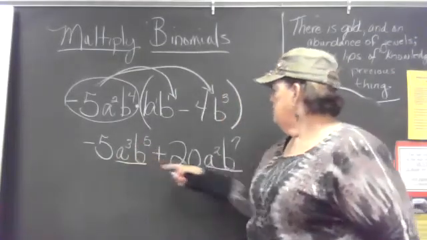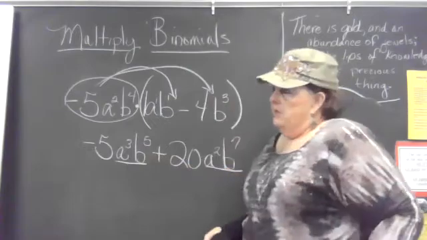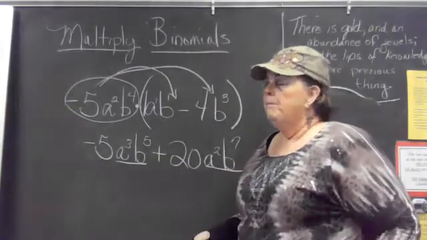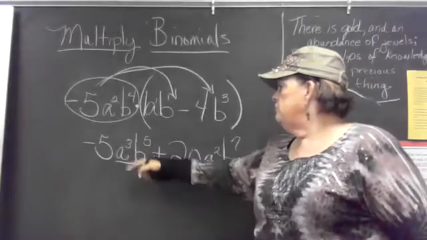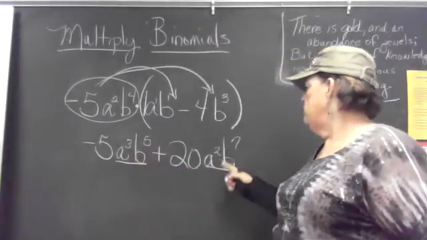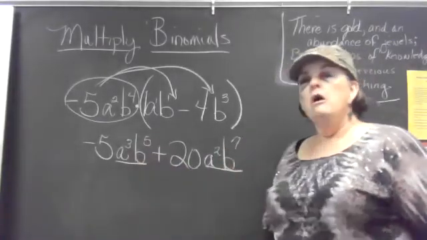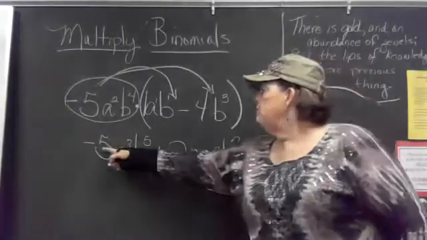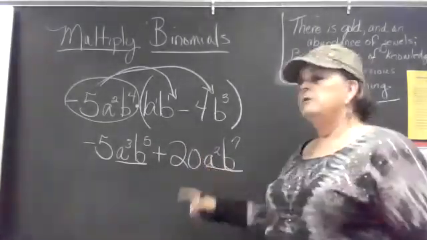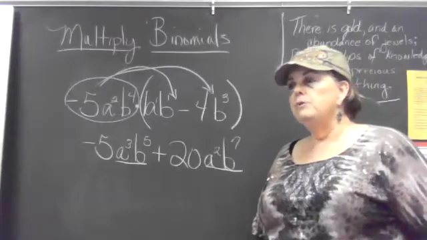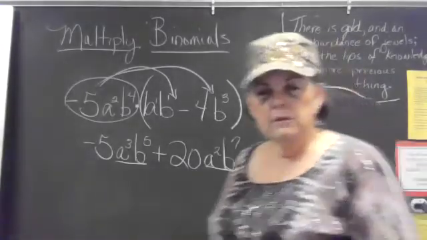Are they exactly alike? Yes, they have ABs, but the exponents have to be the same also. So this is a cubed b to the fifth. This is a squared b to the seventh. They are not common terms, so you cannot put the -5 and the 20 together. So this is the final answer. Okay, and this is a review from last week.